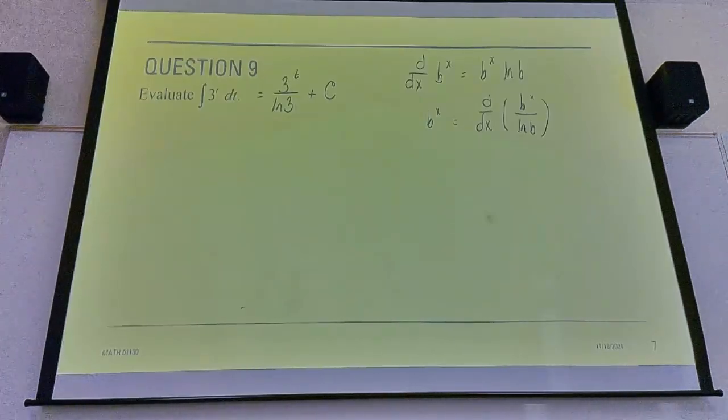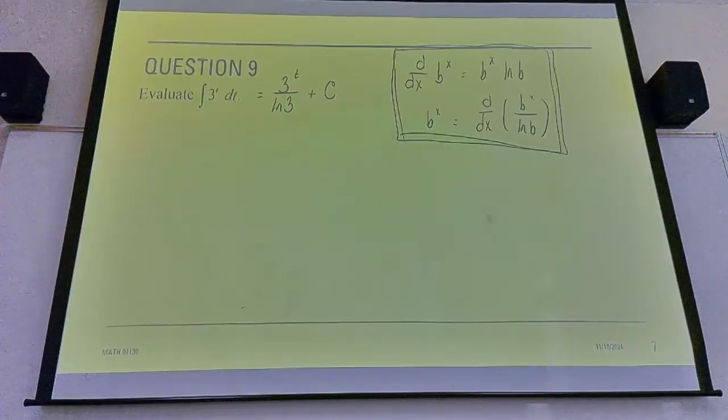Oh, I thought there was another example we were supposed to find. Why does log b have to become the denominator again? Because of this over here. Using the definition of the antiderivative, you know that the derivative of b to the x is b to the x log of b. So divide both sides by log of b, and then use the scalar multiple rule to pull that 1 over log b into the derivative. That is the definition of an antiderivative.